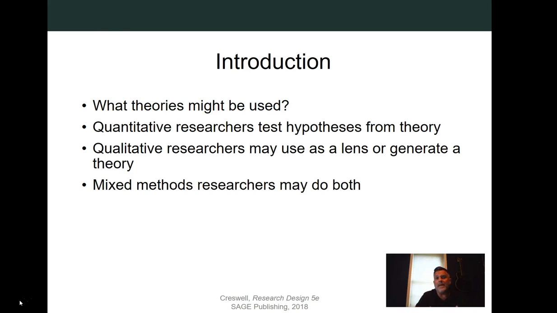So the research question that you're trying to answer will best determine what methods you should be using, and in turn that will direct you towards the type of theories you might use, or the approach to the research itself.